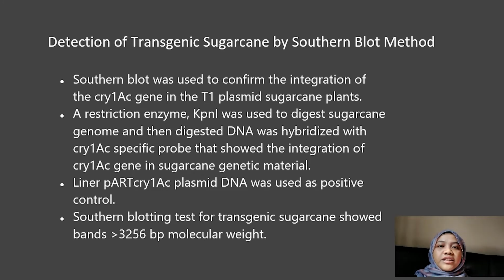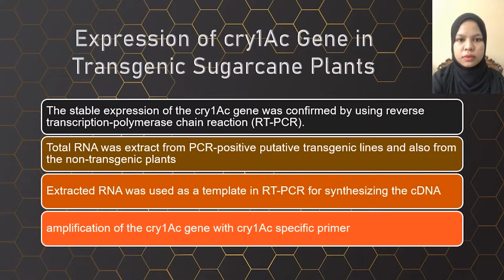Linear pRT Cry1AC plasmid DNA was used as positive control. Southern blotting for transgenic sugarcane showed a band more than 3,256 base pairs molecular weight.